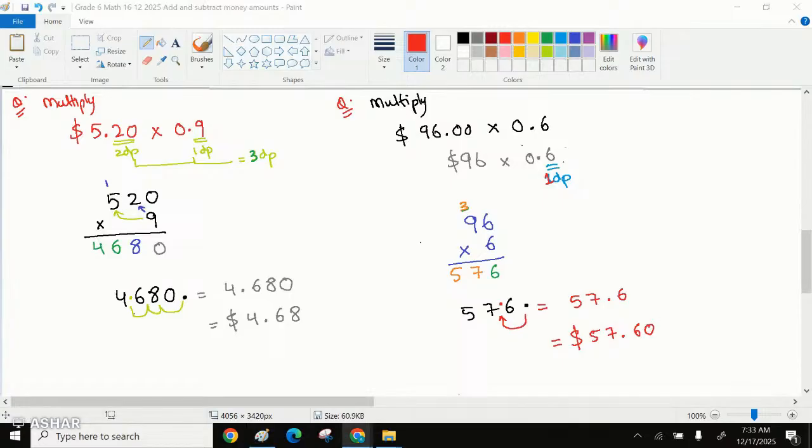Okay, let's start off with the test. Let's do a few questions from the test. Do you have any other question? Okay, very good. 57.60. 2 decimal places we have to give the answer always. If it has a dollar sign, a pound sign, any currency sign, 2 decimal places.